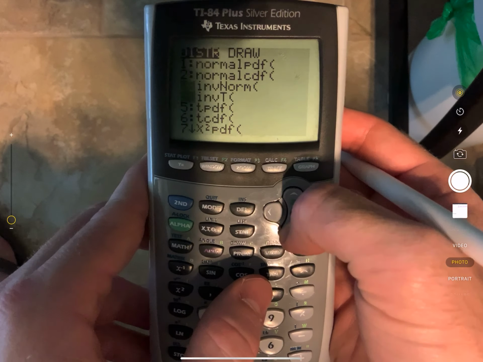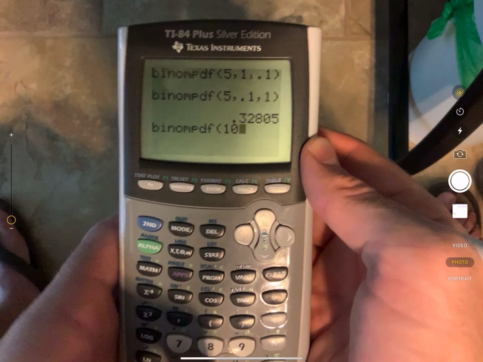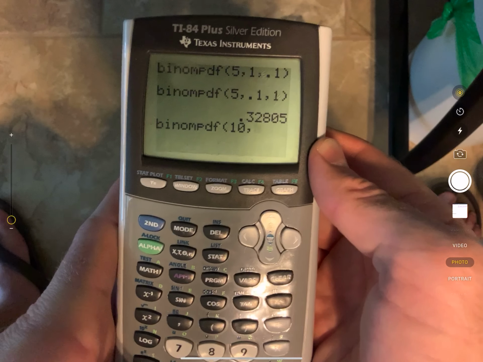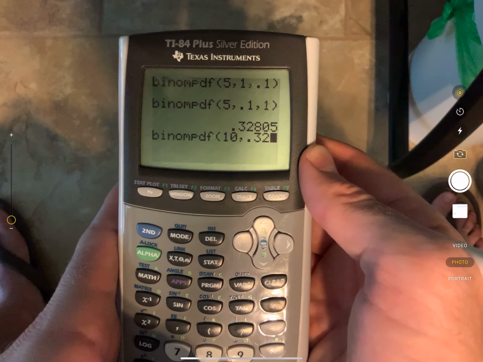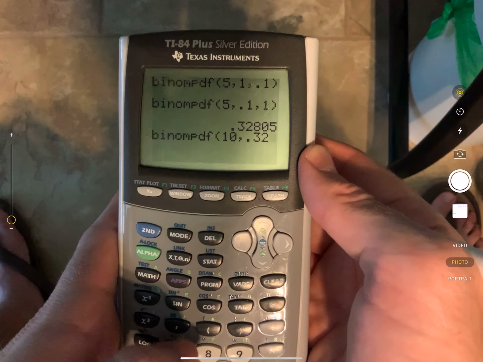If it was 10 trials, but your probability of success was weird, like 0.32, not in the chart, and you wanted to know the probability that you get 4 successes, close it up, and that would give you the probability there. Okay, so it's a quick way to get the answer without having to use that complicated formula.